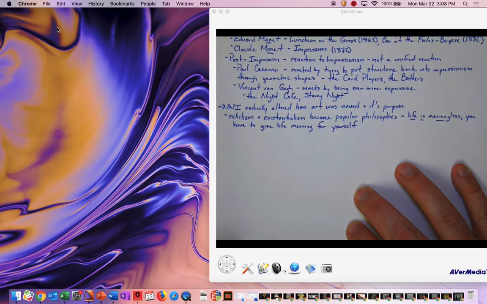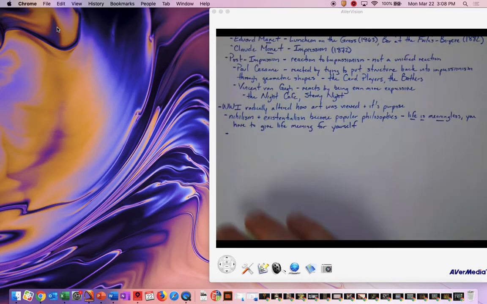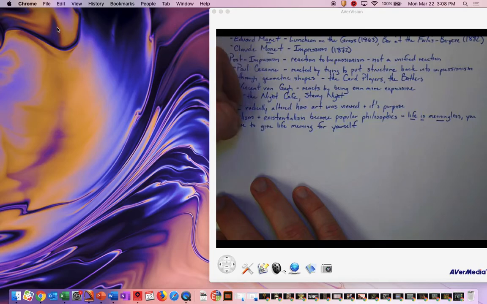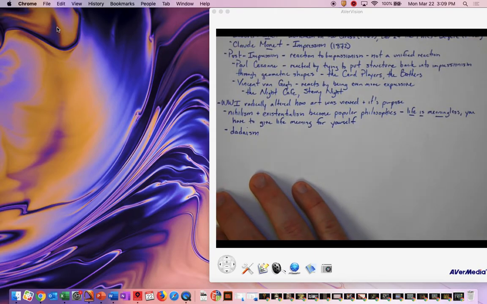So it's up to you to give your life meaning. And we see this in the art. Now, some of the art movements that happen right after World War I are things like Dadaism. Dadaism is basically meaningless art.